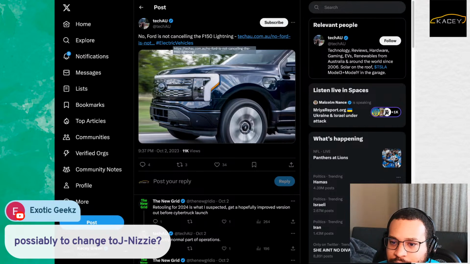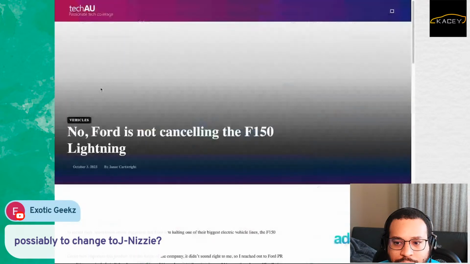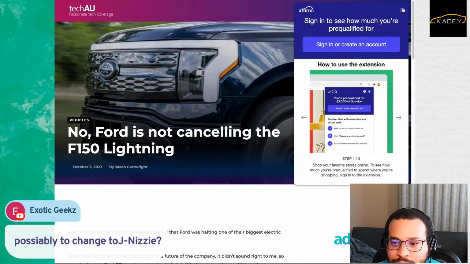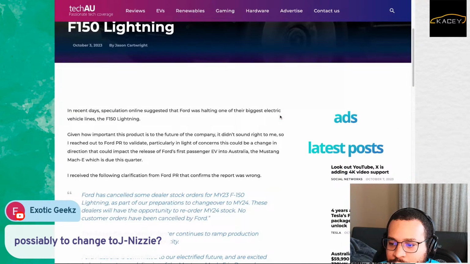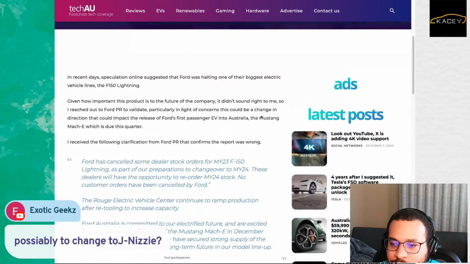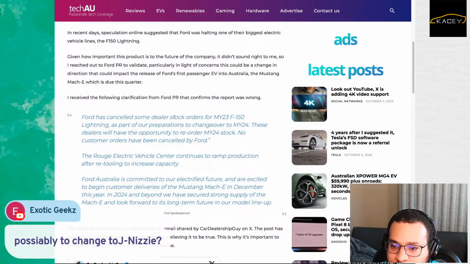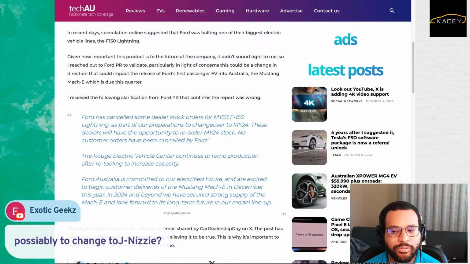Close that. No, Ford is not canceling the F-150 Lightning. Ford has canceled some dealer stock orders for the Model E. Oh, okay. So then the problem here, why the guy's order didn't get moved to a new car, is they never told Ford they sold it. That's on the dealer. Ford has canceled some dealer stock orders.